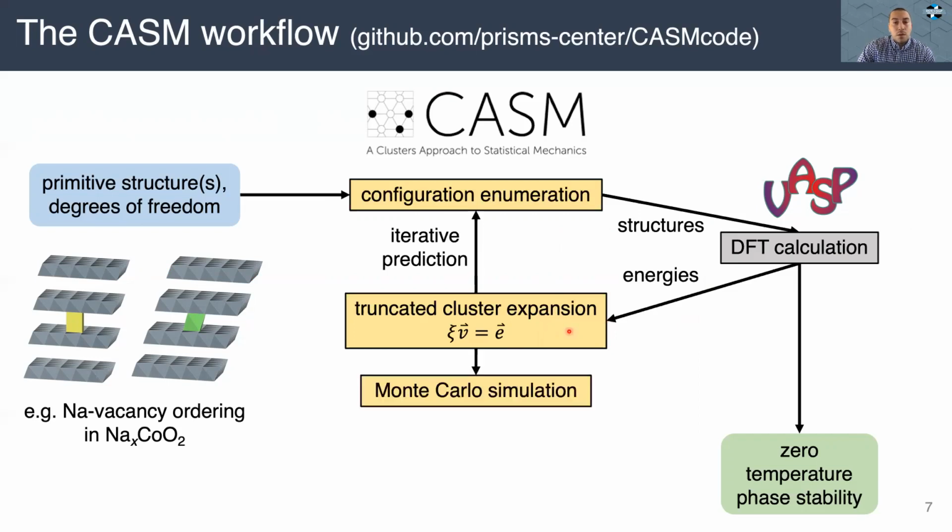And from there, we can use the cluster expansion to run Monte Carlo simulations, which build a picture of finite temperature phase stability. Although today I'll just be showing 0 temperature DFT results because the systems I've studied happen to remain ordered at room temperature.